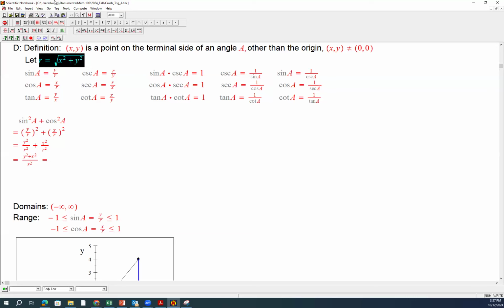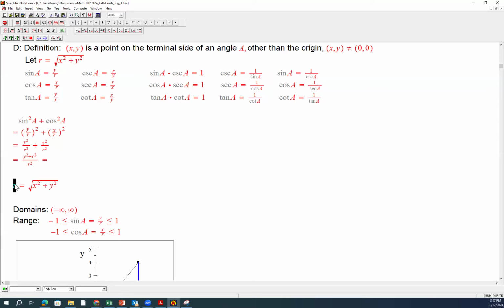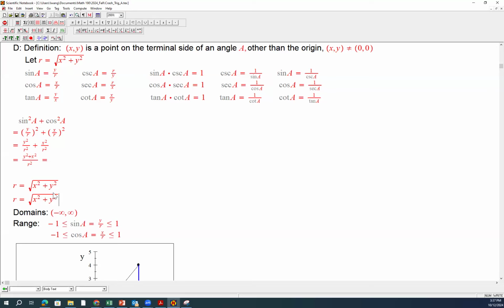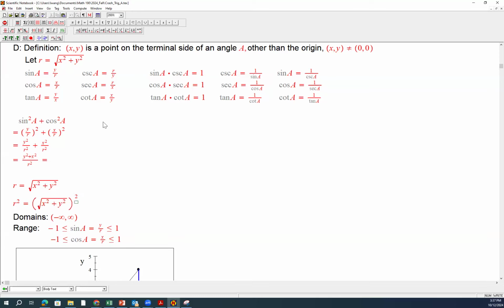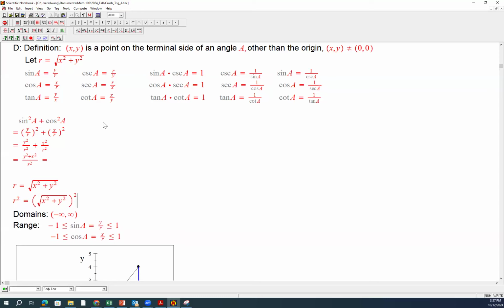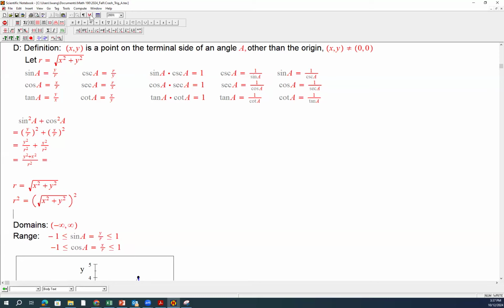So from here, if we square both sides, right, from this piece, if we square both sides, we end up with r squared equals x squared plus y squared.